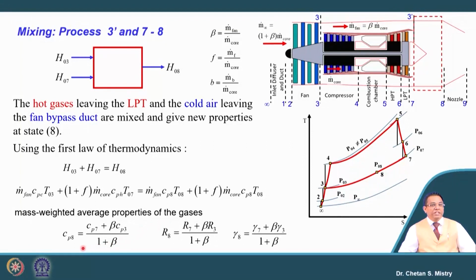It says my Cp at exit will be Cp7, that is what is coming out from my turbine nozzle, plus beta into Cp3, this is from my air, divided by (1 plus beta). Similarly, the value of R will be R7 plus beta R3 divided by (1 plus beta). Specific heat ratio is gamma7 plus beta gamma3 divided by (1 plus beta).